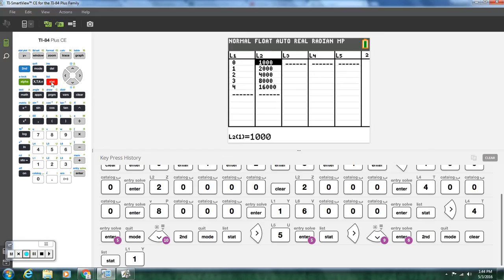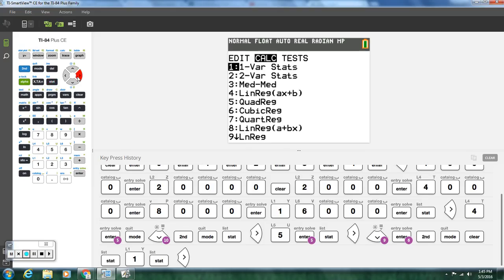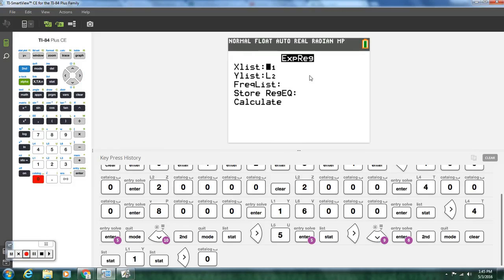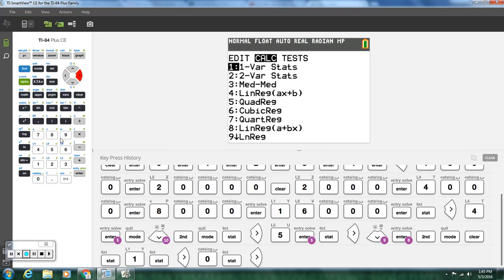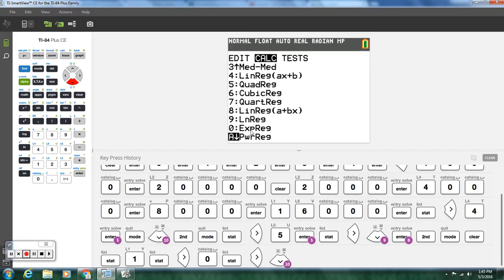We did stat, calculate, and then we did a regression, depending on what we're supposed to do, a linear or a quadratic, and then the exponential regression. Number 4 was the line, 5 was the quadratic, the parabola, and one more was the exponential regression right here.